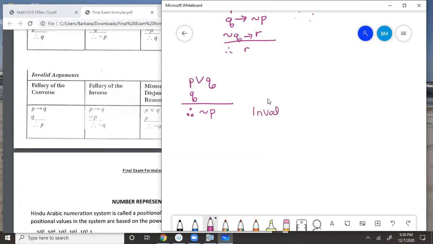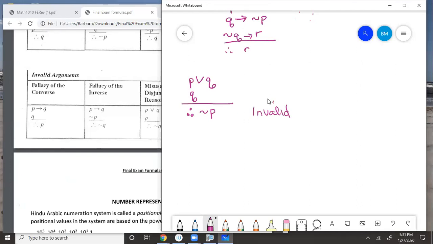And it is by common sense that if P or Q is a true statement, either P is true or Q is true or both are true. You can have a lot of different things happen. So P is true, that doesn't say anything about Q. It could either be true or false for this to be a true statement.